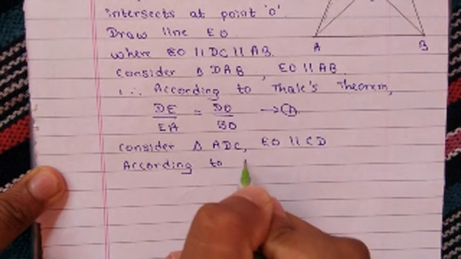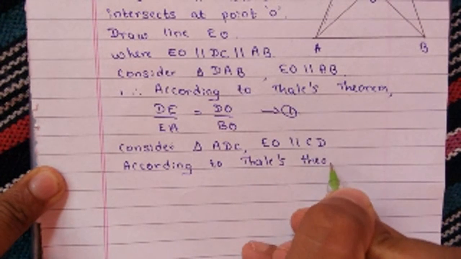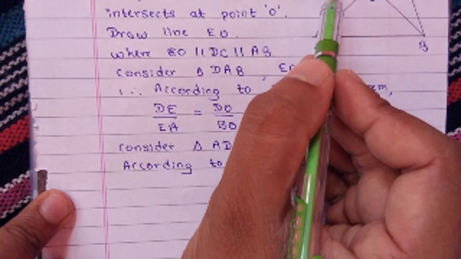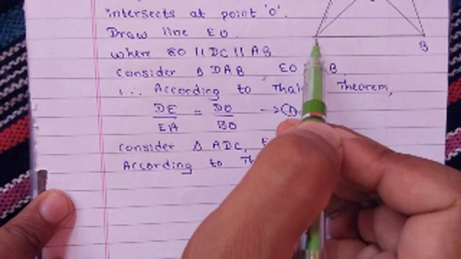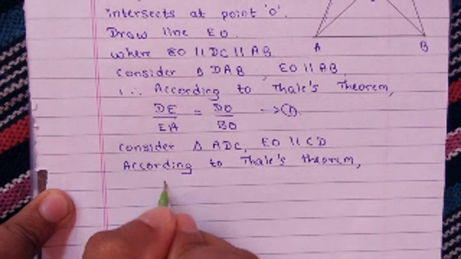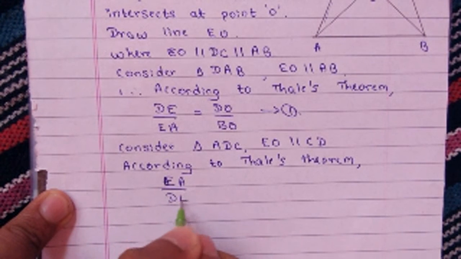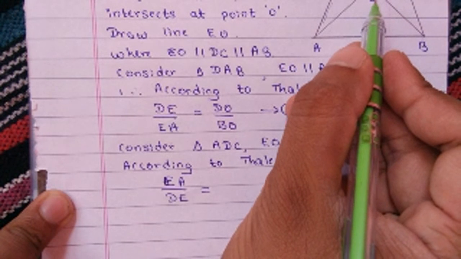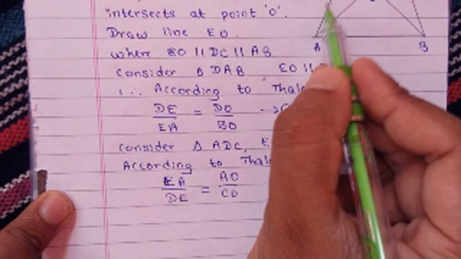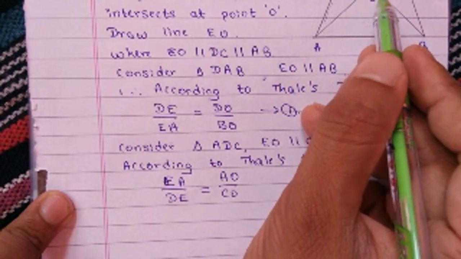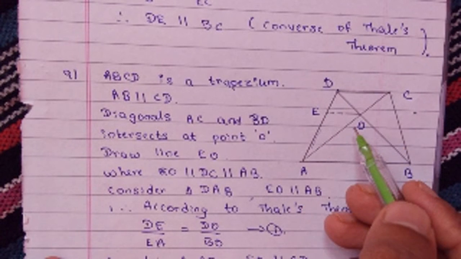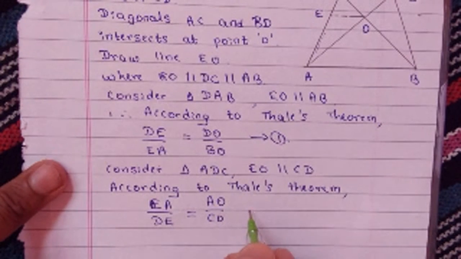According to Thales theorem, EA divided by DE is equal to AO divided by CO. I will call this equation number 2.